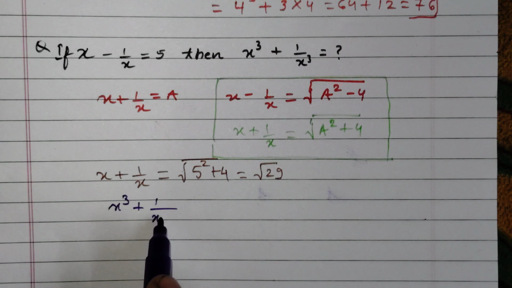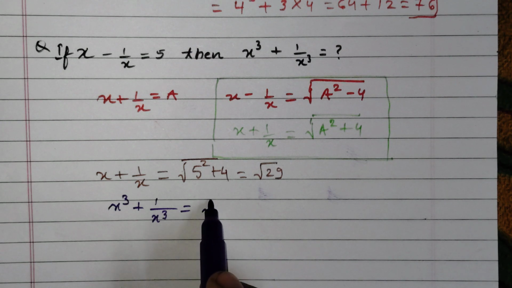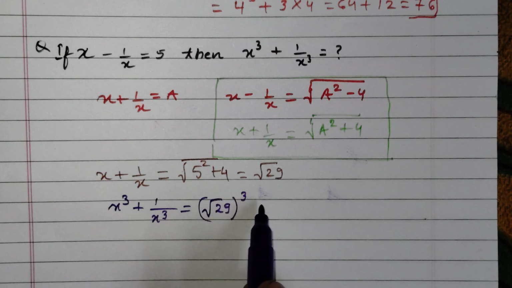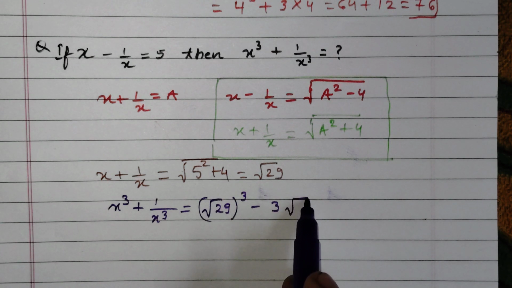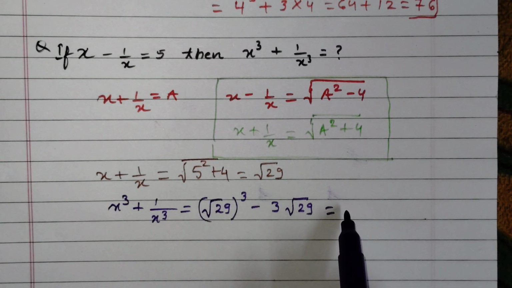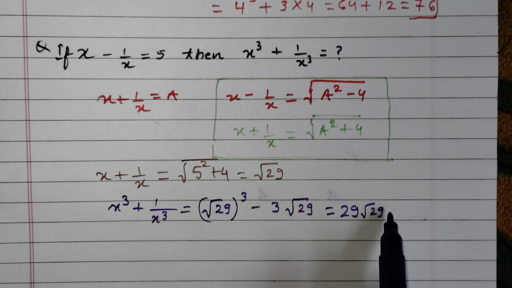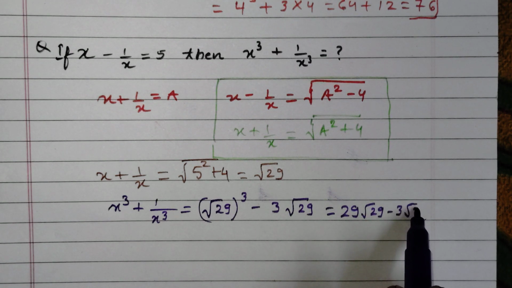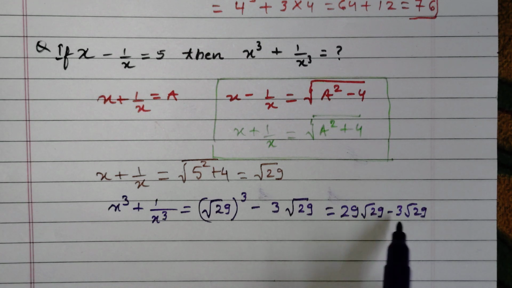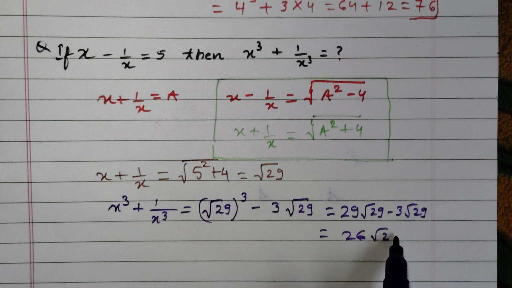It gives us the cube of the given number, so square root 29 cubed, minus 3 times square root 29. Square root 29 cubed is 29 square root 29, then minus 3 square root 29. Square root 29 is common, so 29 minus 3 gives us 26 square root 29 as our answer.